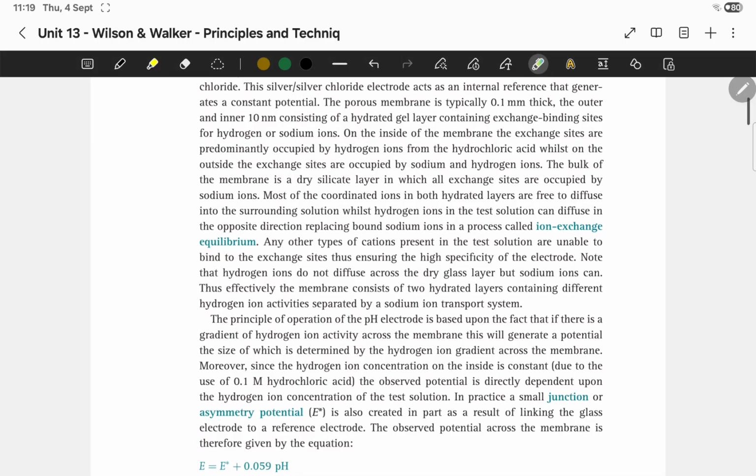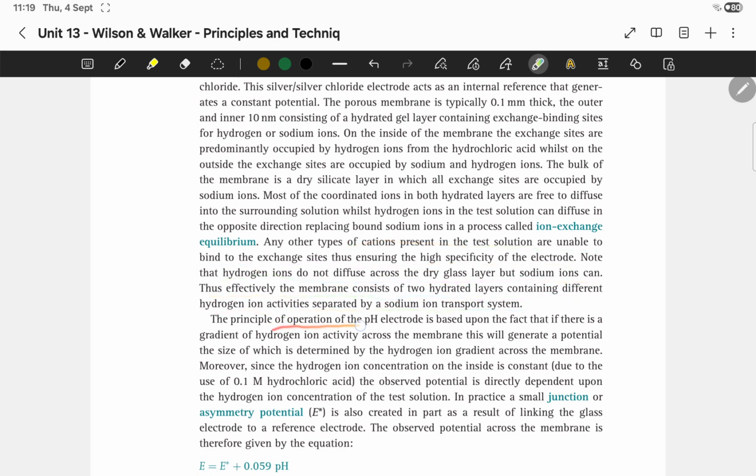Any other type of cations present in the test solution are unable to bind to the exchange sites, thus ensuring the high specificity of the electrode. Note that hydrogen ions do not diffuse across the dry glass layer, but sodium ions can. Thus, effectively, the membrane consists of two hydrated layers containing different hydrogen ion activity separated by a sodium ion transport system.